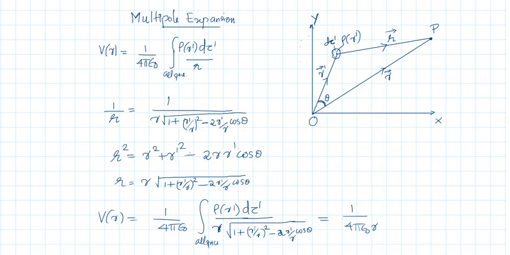So 1 by 4 pi epsilon 0 r integral rho of r prime d tau prime divided by square root of 1 plus r prime by r the whole square minus 2 r prime by r cos theta.